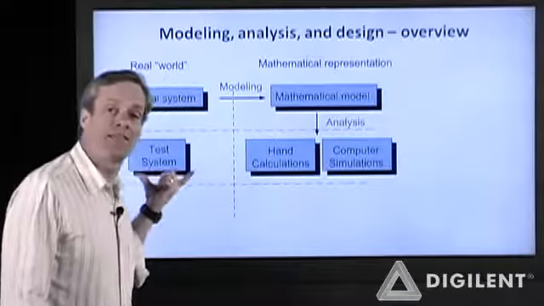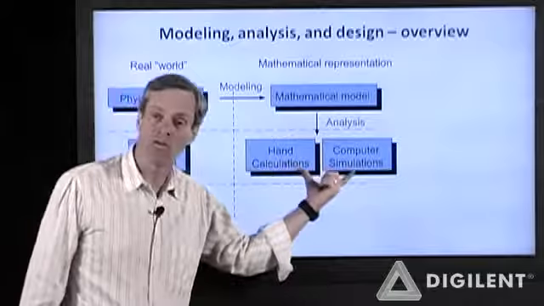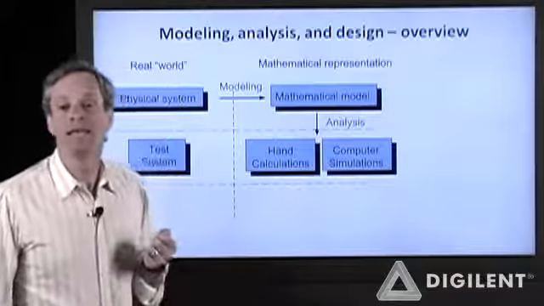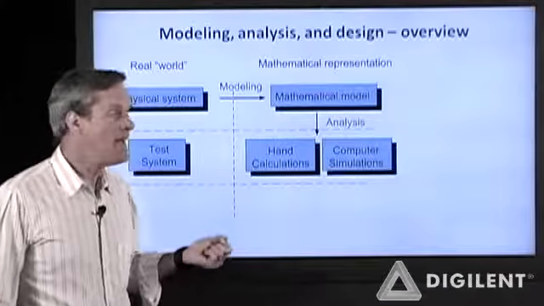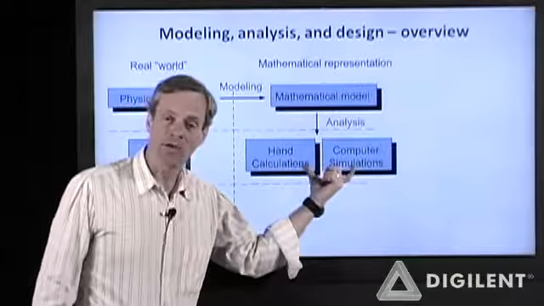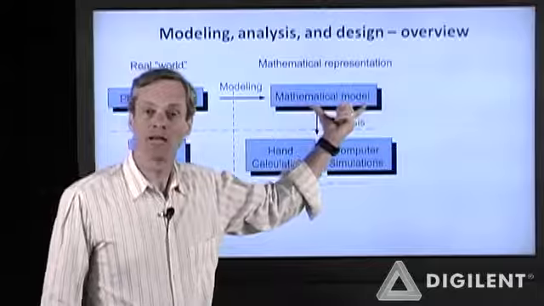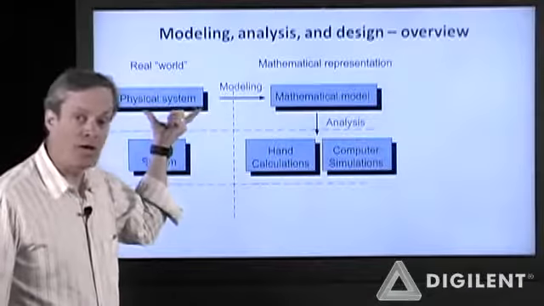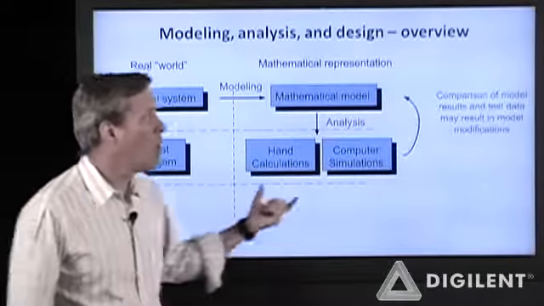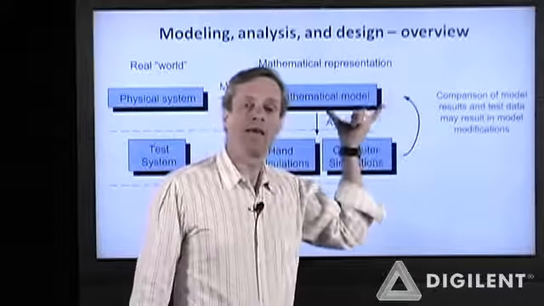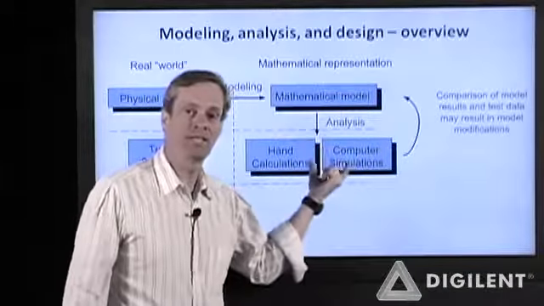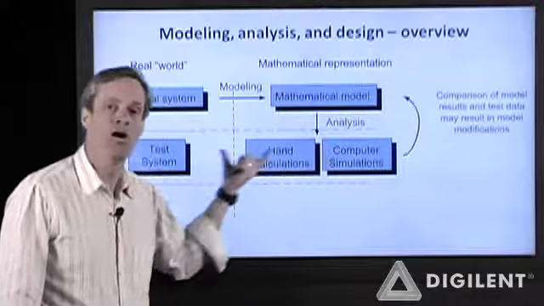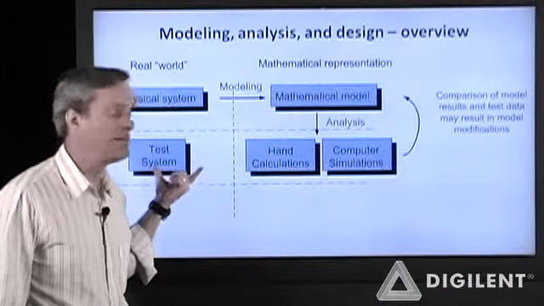Then we'll take the test data and compare that to the analysis results and see whether they agree to a satisfactory level for us. If they don't agree satisfactorily, that means our original mathematical model left out something important about the physics of this system. We may have to go back and revise our mathematical model and redo this analysis section and continue to compare our analyses with the test data.